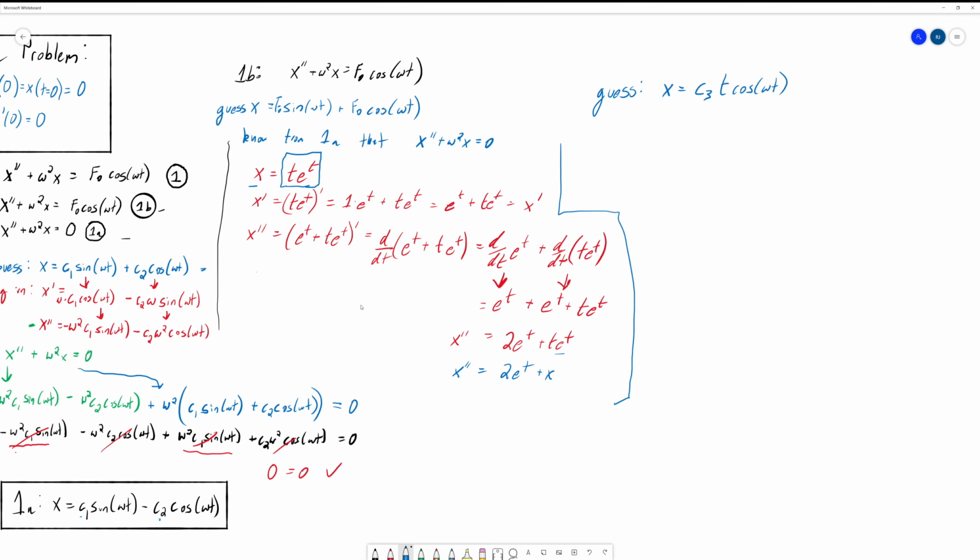Okay, then we're going to enumerate it. 1 is going to be guess, 2 is going to be calculate as many derivatives as we need. So this is going to be a different color. X prime is going to be a little bit more of a pain to take.